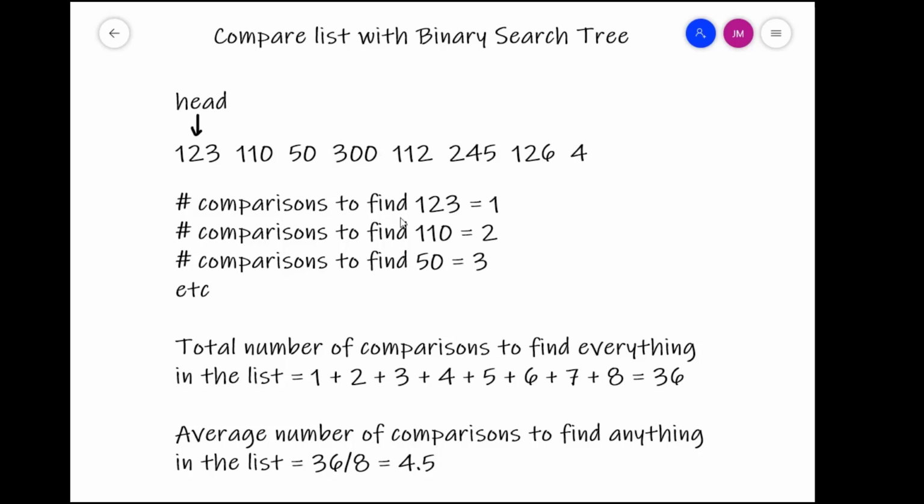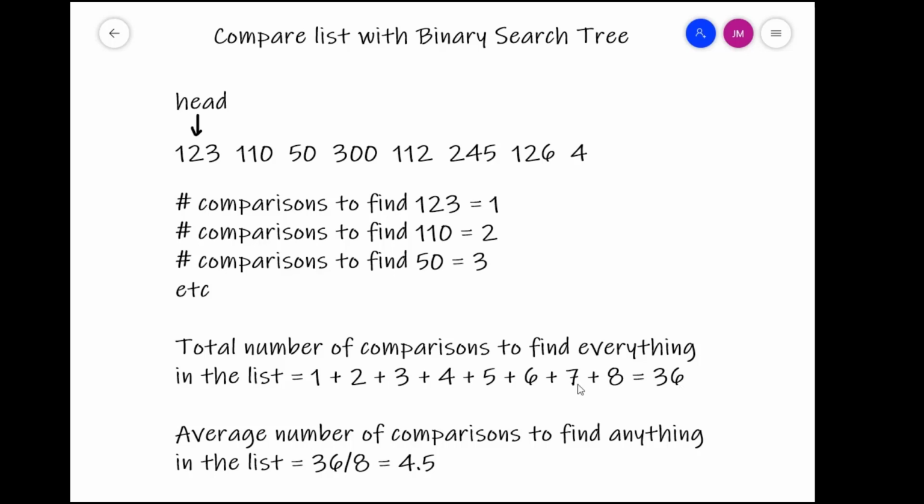So if I count the total number of comparisons to find absolutely everything in my list, I get this number, 1 plus 2 plus 3 plus 4, etc. And the total number is 36. Why do I want to know the total number of comparisons?